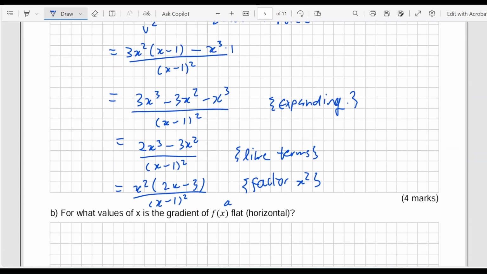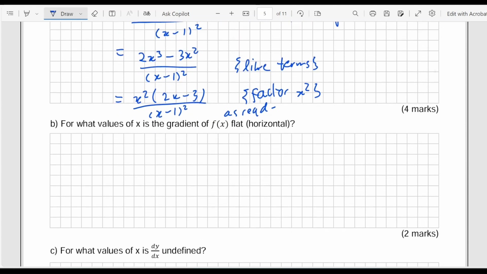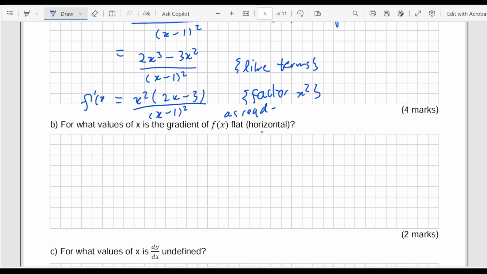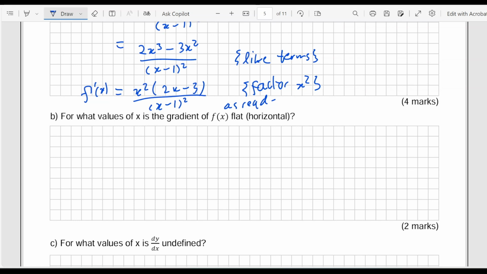And then usually we write as required when we've done a show that question. For what values of x is the gradient of f of x flat? So this is going to be that the top of the fraction equals 0. So therefore, it really is that f dash of x equals 0, and that means that the top equals 0. So that's x squared and 2x take 3 equals 0.